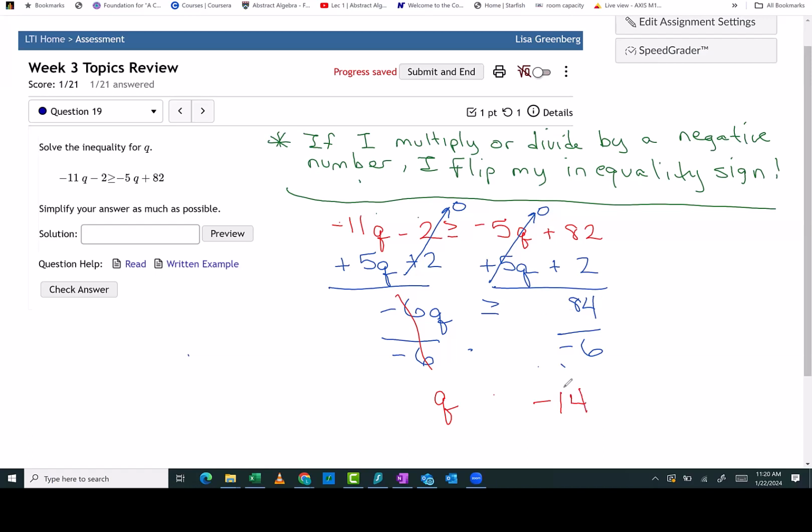That means I have negative 14 on the right-hand side. And I always go back to my question. Did I multiply or divide by a negative number? I did. I divided by negative 6, which means I have to flip my inequality, and there's my final answer.